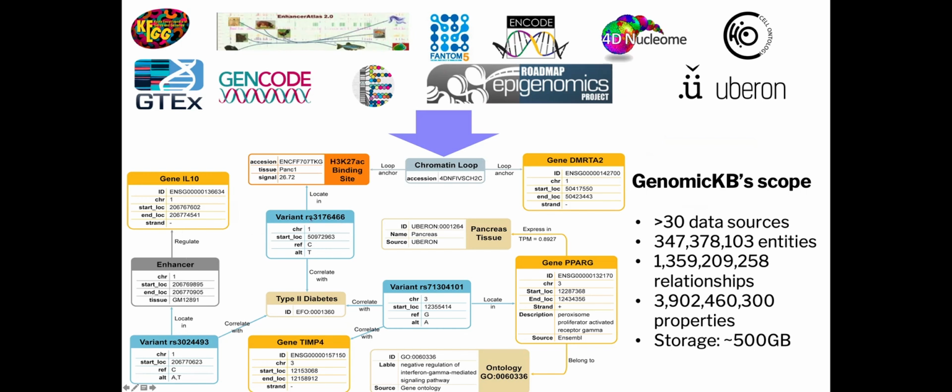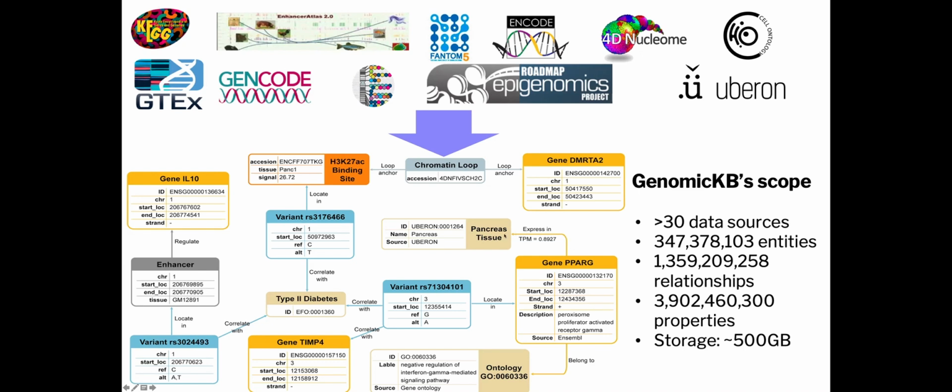The second variant is located in this epigenomic peak, and that forms a loop with the gene's TSS, DMRTA2. And the third variant is correlated with the gene as an eQTL of this gene, TIMP4, and it's located in this gene, PPARG, and it's expressed in pancreas tissue.